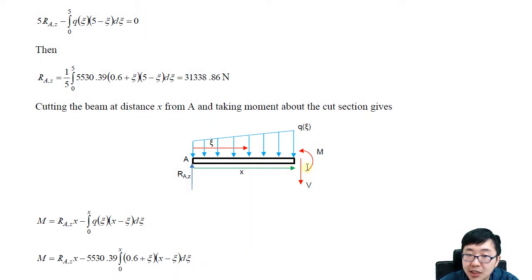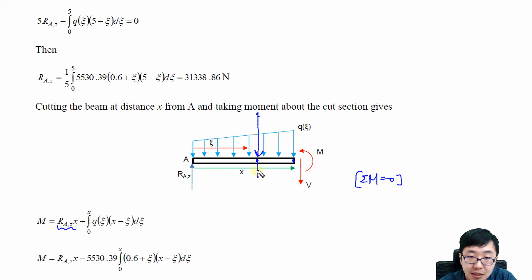So for the moment, we will calculate moment equilibrium here. What we need is to apply the reaction times the X here, and the integration of this total area times the distance, where the centroid is, for example, here.